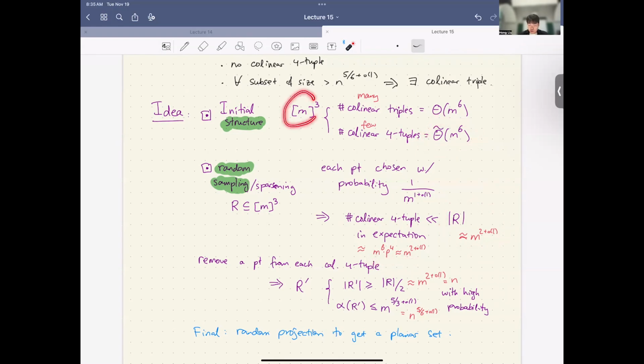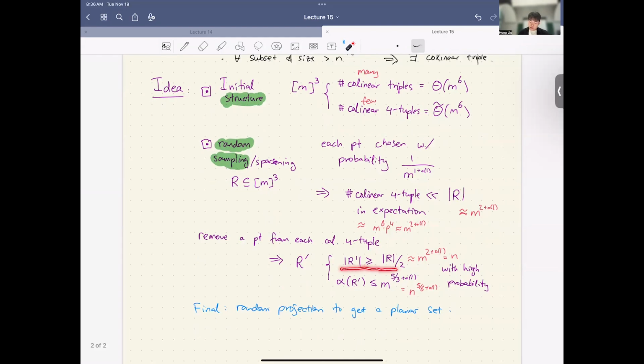We start with m cubed points, multiply by 1/m, roughly m squared. By playing with this error term carefully, with some correct polylog factor, we can make sure that the number of collinear 4 tuples is much less than the size of the random set. We can use the first Wolman deletion to delete a point from each of these collinear 4 tuples. Then we will get a set with almost all the points there, let's say half remained. This will be our set of points, of size roughly quadratic in m.